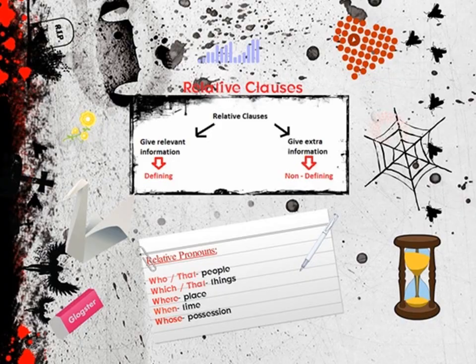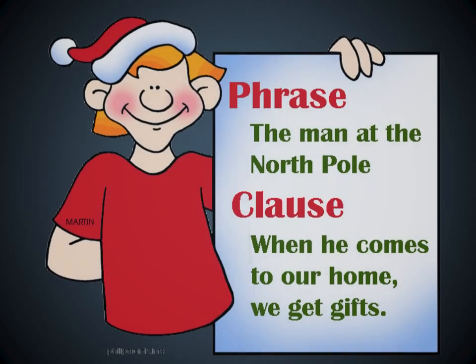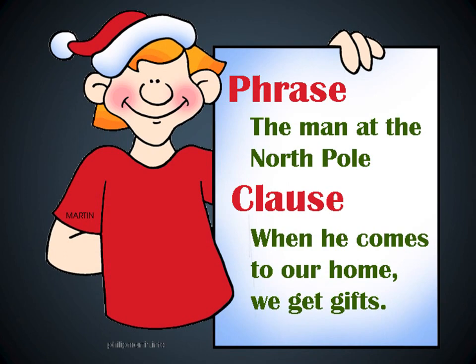But what are clauses? Okay, so have a look at the picture. Try and remember that a phrase is made of nouns and adjectives. Now, when dealing with clauses, we have to observe the verbs. So in the clause, the example given, when he comes to our home, we get gifts. Think about it, how many verbs have we got there? 2 verbs.